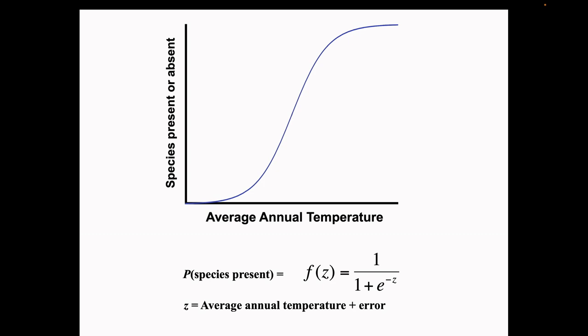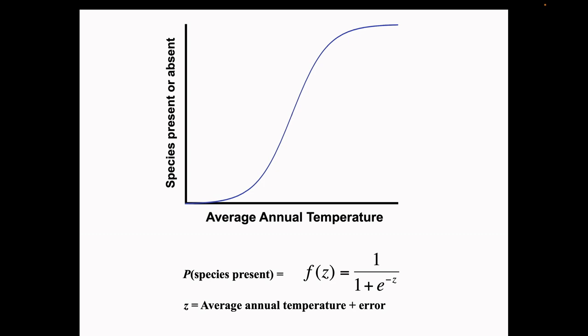So it'll fit a function like this, where you have on your y-axis here the species is present or absent, but it's treated as continuous so that you can have intermediate values of the species being present or absent, which doesn't really make sense.